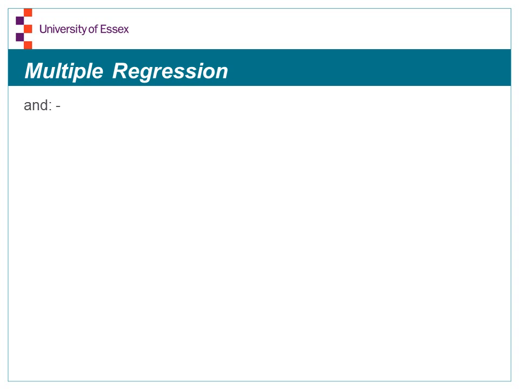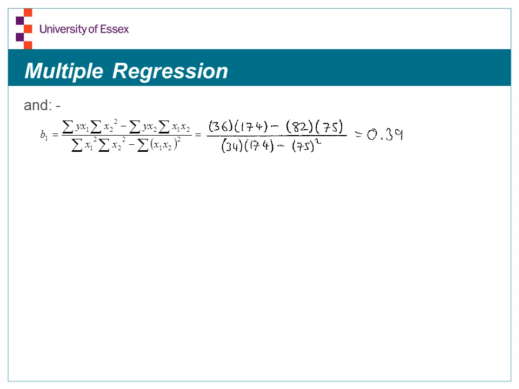So if I want to do this, then my B1 calculation is going to be as follows. I can plug all of those values in, and it comes out at 0.39. You can check my calculations if you want, but I'm quite happy for you just to trust me rather than running through it all.